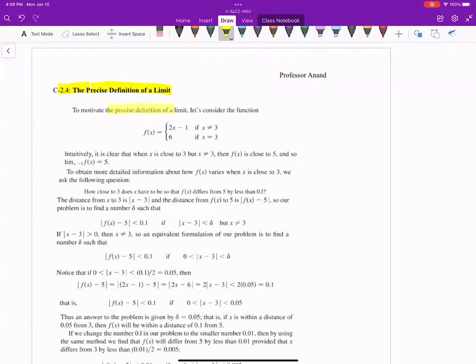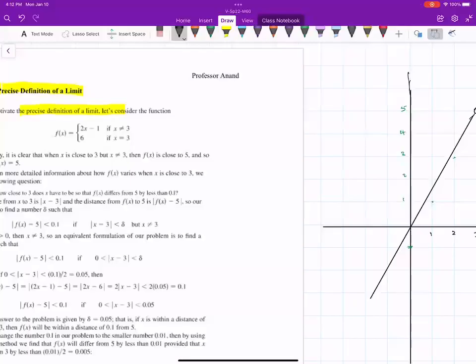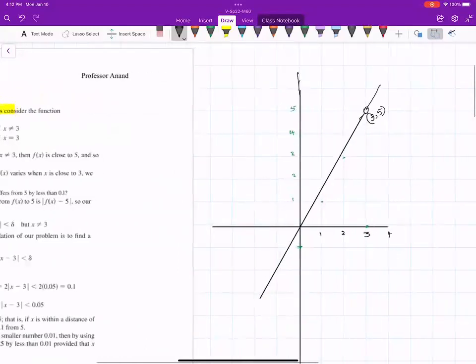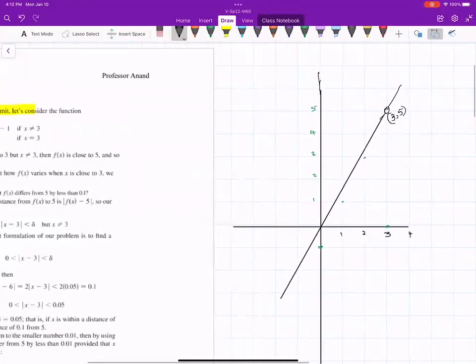To motivate the precise definition of limit, let's consider the function f of x equal to 2x minus 1 whenever x is not equal to 3, and it's equal to 6 when x equal to 3. If you look at the graph, this is the way it will look, because it's a piecewise defined function.